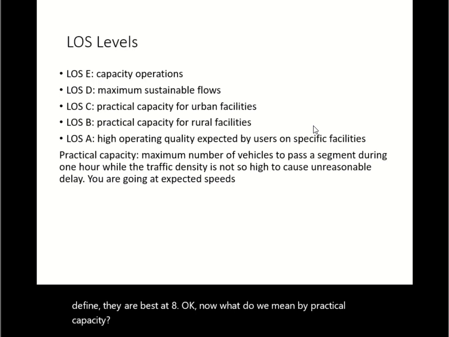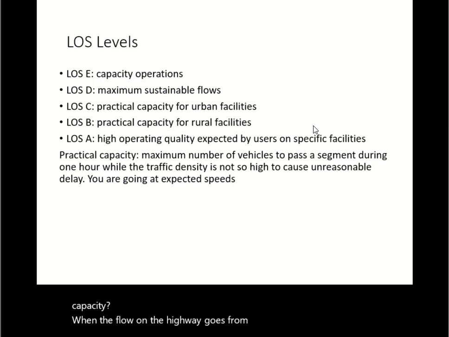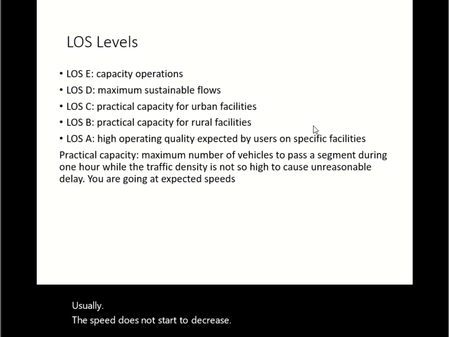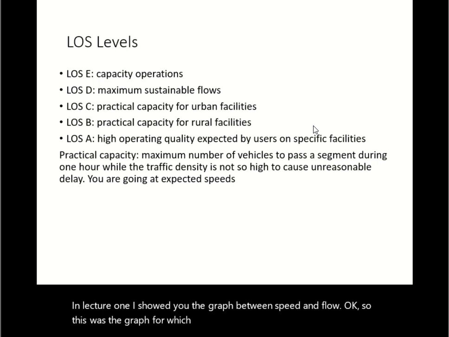When the flow on the highway goes from A to B, usually the speed does not start to decrease for some time. In lecture 1 I showed you the graph between speed and flow. This was the graph for which we derive the equation between speed and flow.